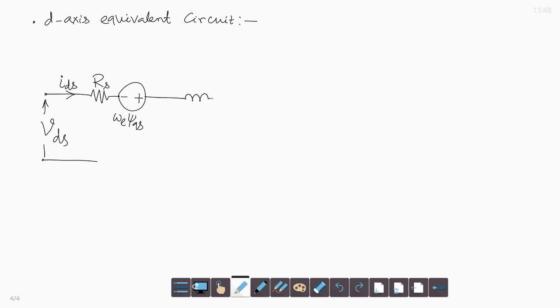and we have the leakage flux of the stator winding, and this is the mutual inductance along the D axis LDM, and this is the leakage inductance of the stator winding LLS, that is LDS minus LDM.